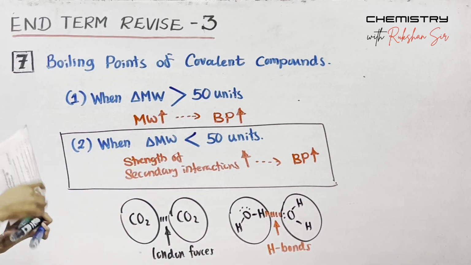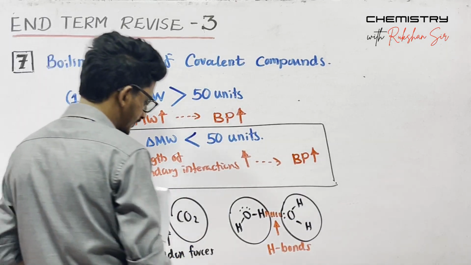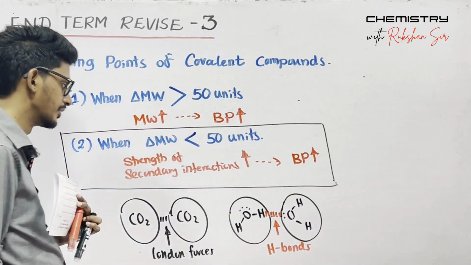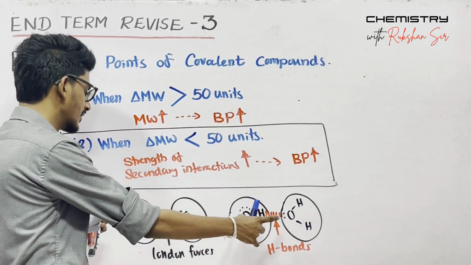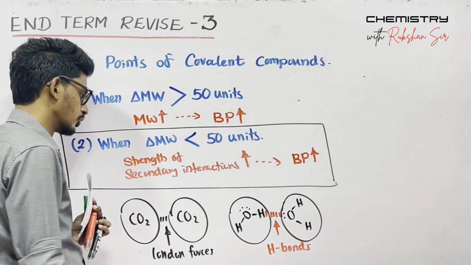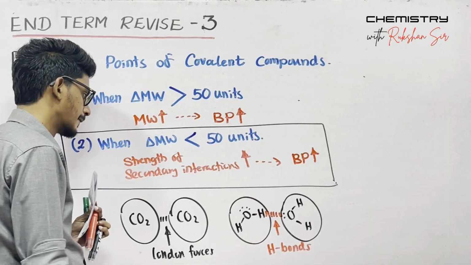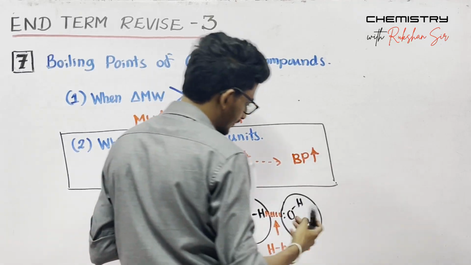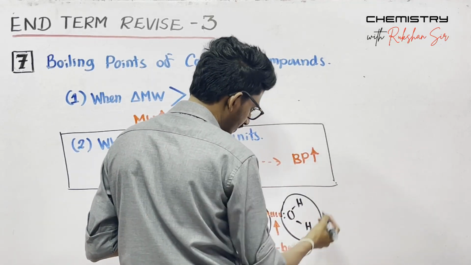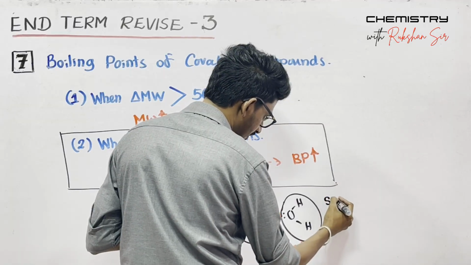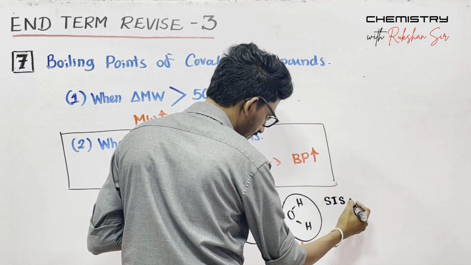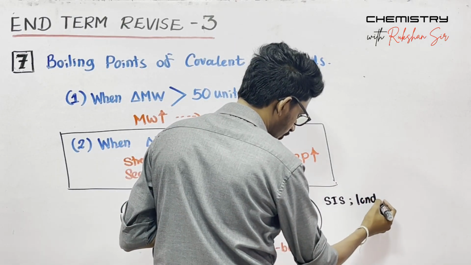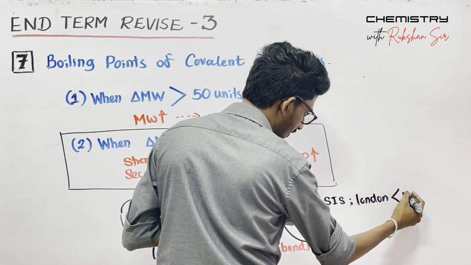As we know, the secondary interaction strength of hydrogen bonds is stronger than London forces. H2O has the stronger secondary interaction strength, so it should have the greater boiling point. The secondary interaction strength of London forces is less than that of hydrogen bonds.